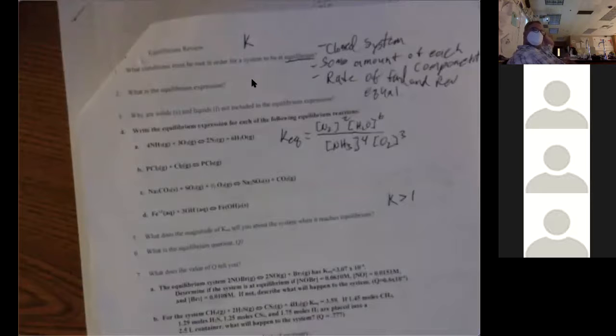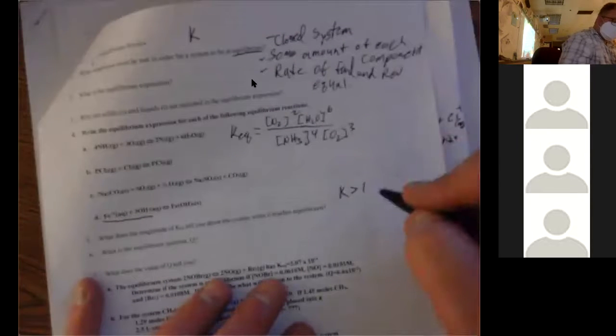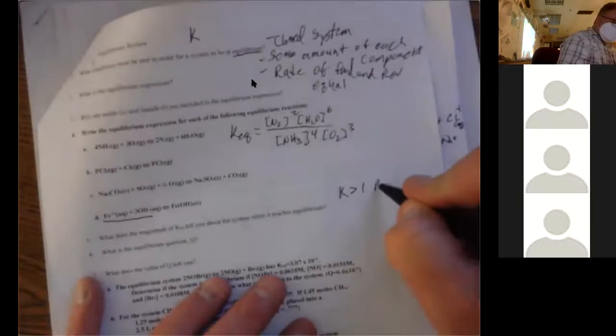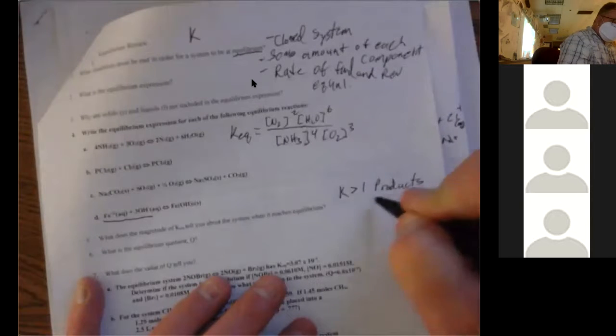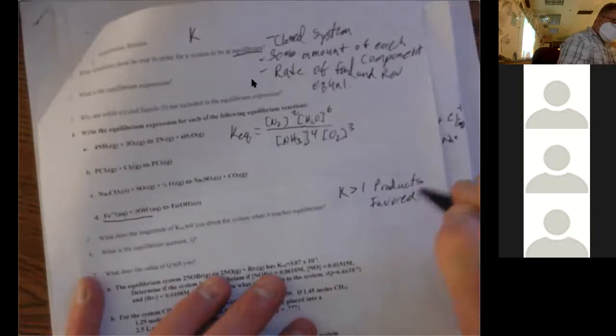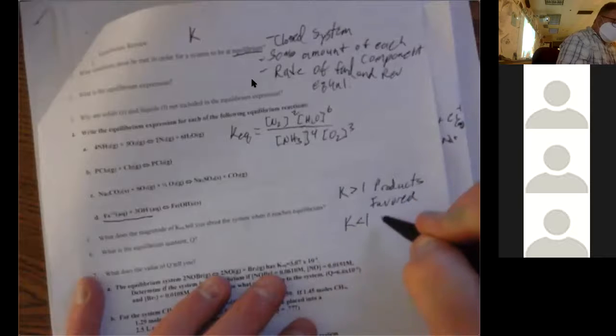C actually has 2 objects that won't be placed in it, right? How about D? It has 1. Yep. So then we know that the reactants are favored for that. If K is greater than 1, products are favored at equilibrium. If K is less than 1, reactants are favored.